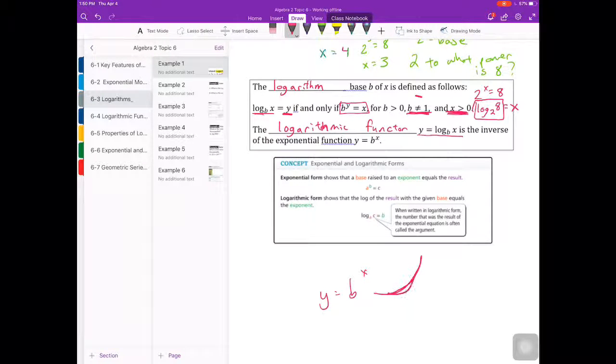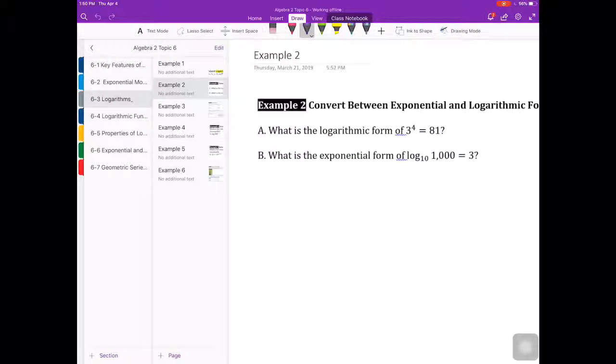So it starts out flat and gets really steep. Well, the inverse of that is going to start out steep and get really flat. So that's what that inverse looks like. Okay, let's go on to example 2 now and see this.